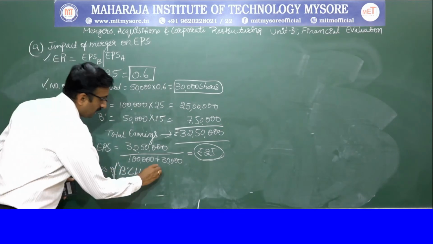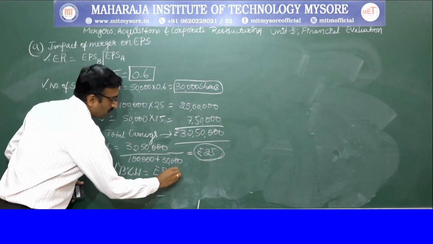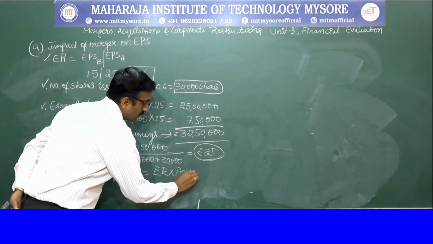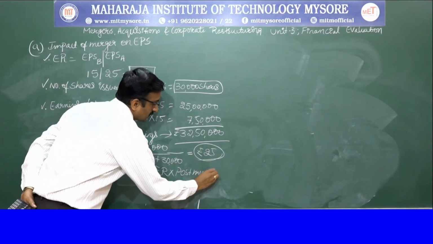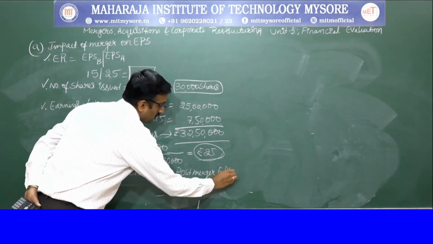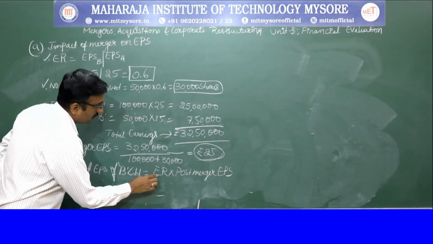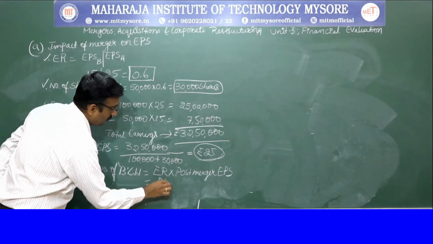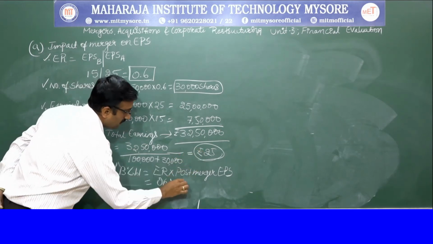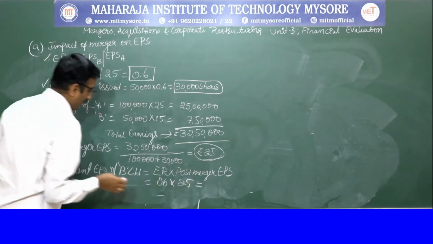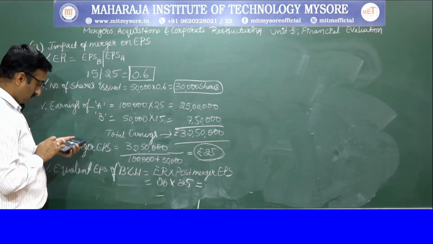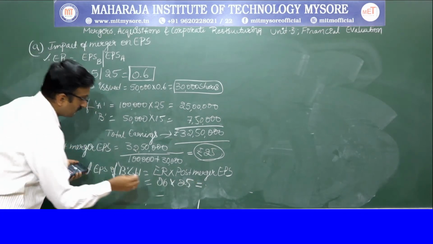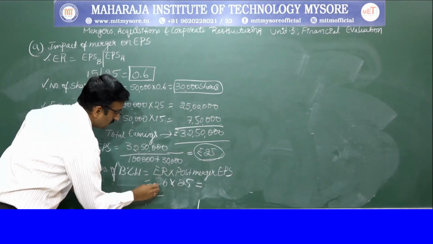That is ER into post-merger EPS. So the exchange ratio is 0.6, already we got. Post-merger EPS is 25.